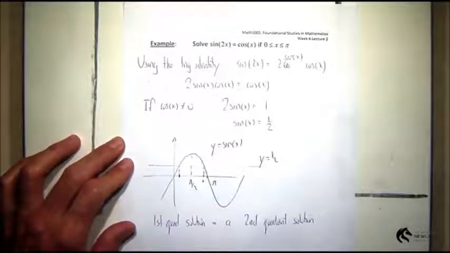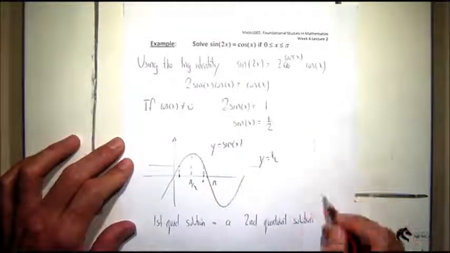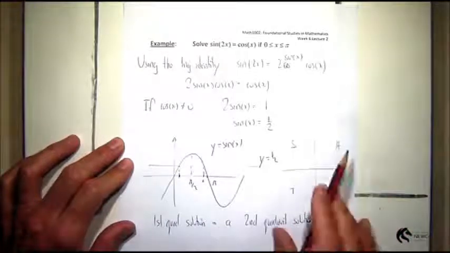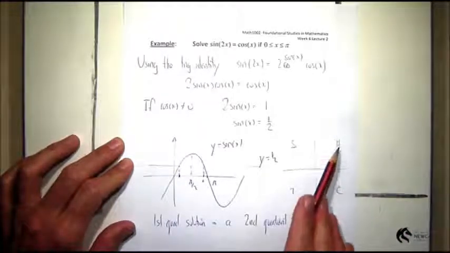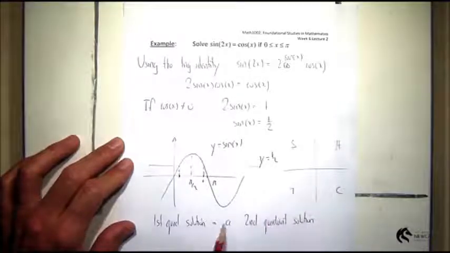And I guess I did that by looking at the graph. You could have also said all stations to Cardiff, and sine is positive in the first quadrant and in the second quadrant, so therefore there's going to be a first quadrant solution and a second quadrant solution. Either way will do just fine.